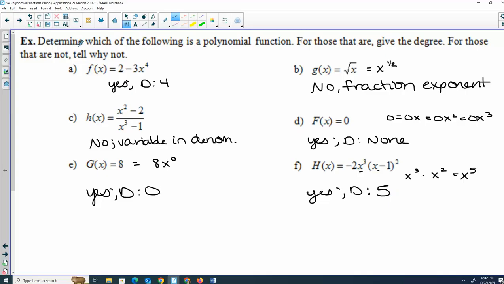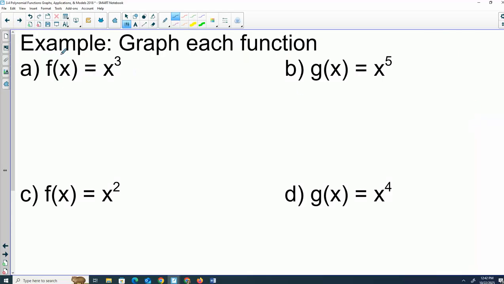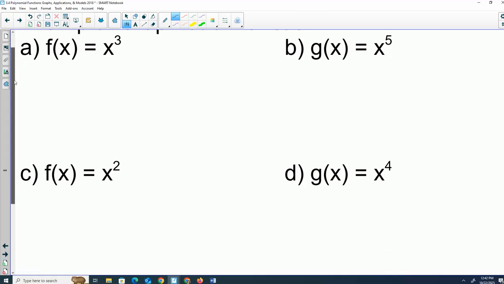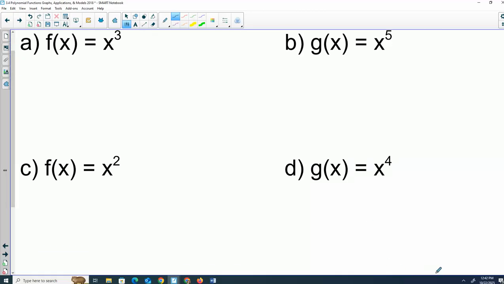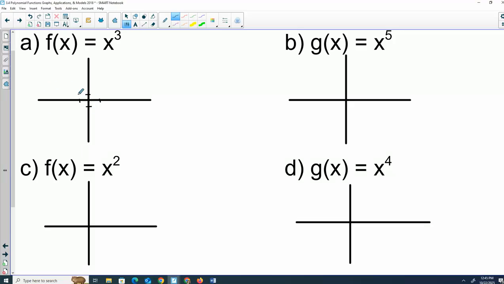I want you guys to take a minute, you can use a graphing calculator if you'd like. I want you to draw a rough sketch of what these 4 things look like. Give me a. All right. So x cubed, we should know that one. We've seen it before. That's just our chair, right? What's x to the 5th? Yeah, it's just a skinnier looking chair.